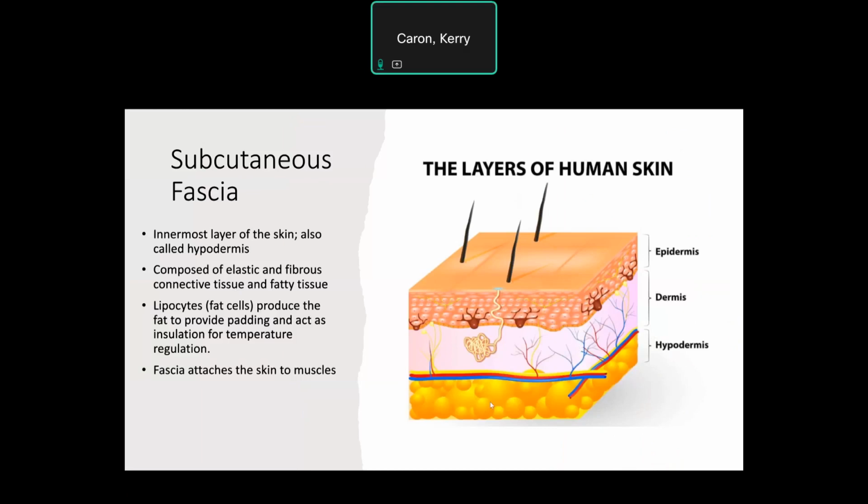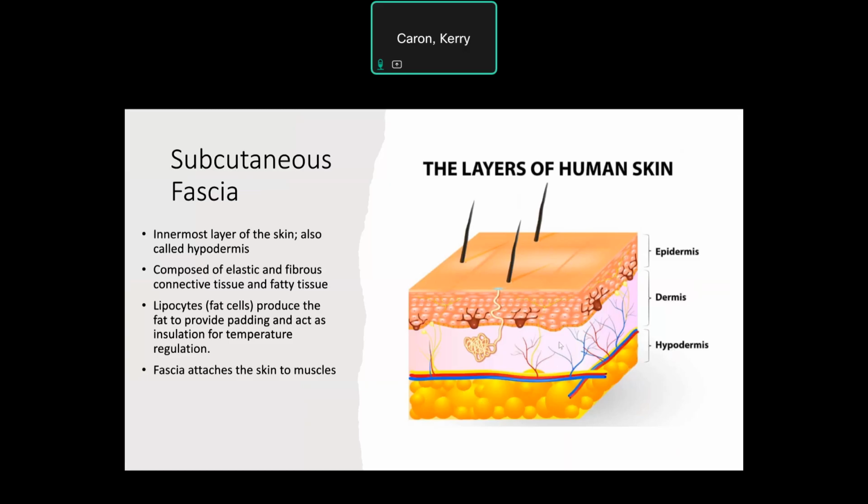Lipocytes, fat cells, produce this insulation and keep us warm. If you ever had a subcutaneous injection, it's going in this layer. And the fascia attaches our skin, kind of gluing our skin to the muscles.